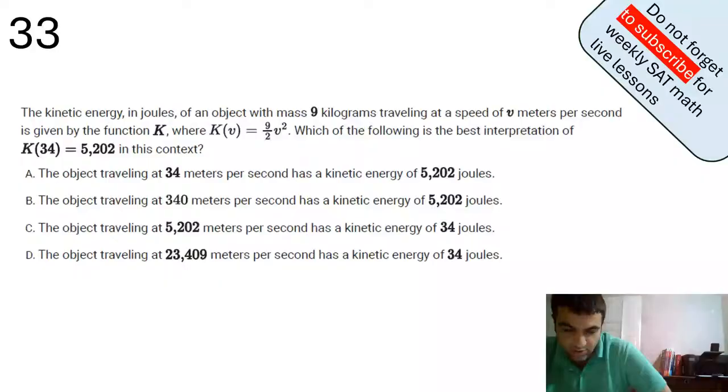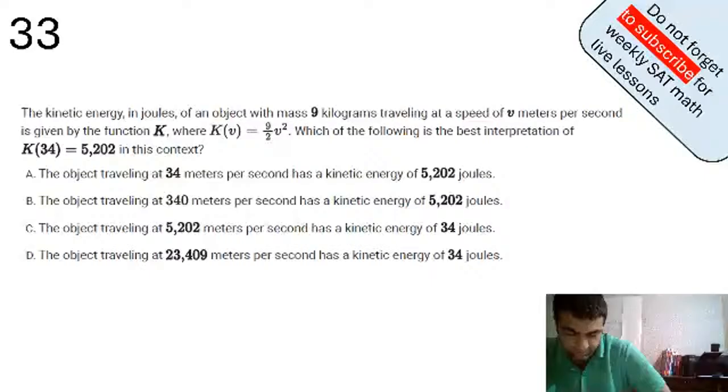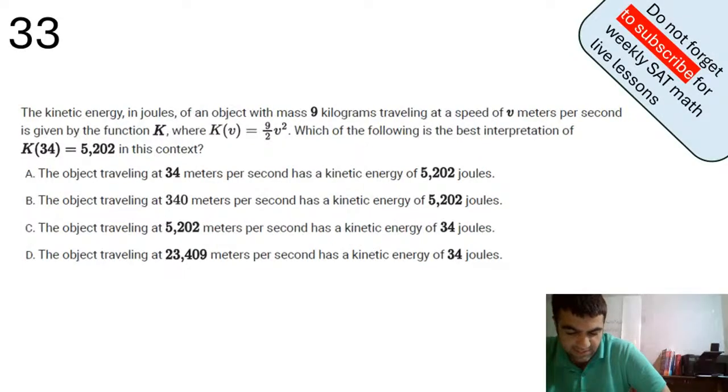Next question. Mr. Saif says it is D. The kinetic energy in joules of an object with mass 9 kilograms traveling at a speed of v meters per second is given by the function k.